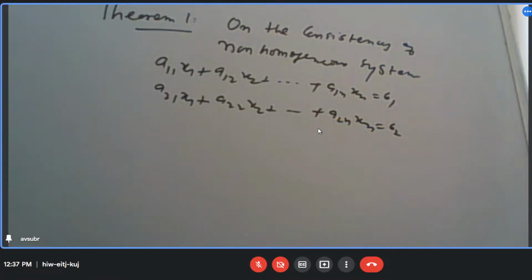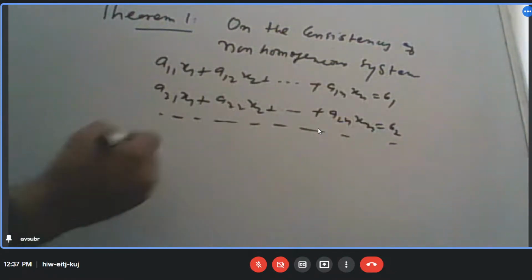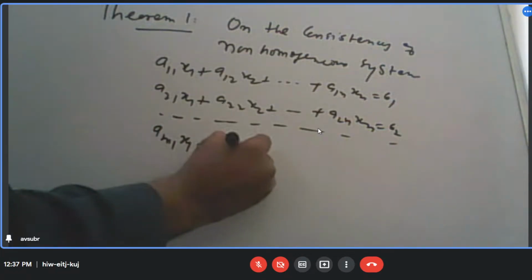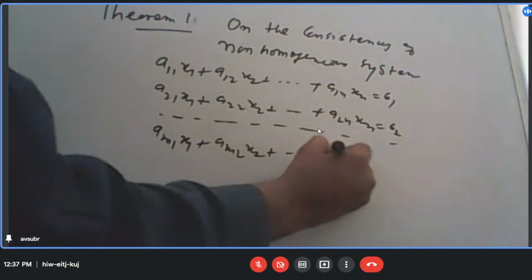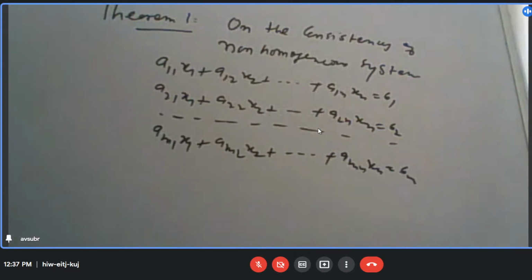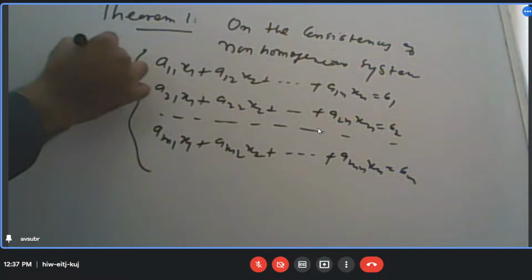Okay. Like that, actually, if we consider that am1 x1 plus am2 x2 plus amn xn is equal to bm, we have a system. How many equations are there? m equations.